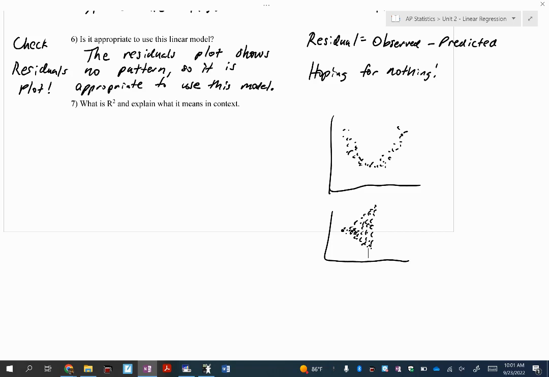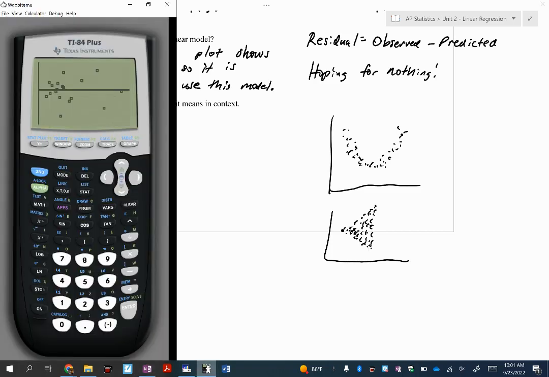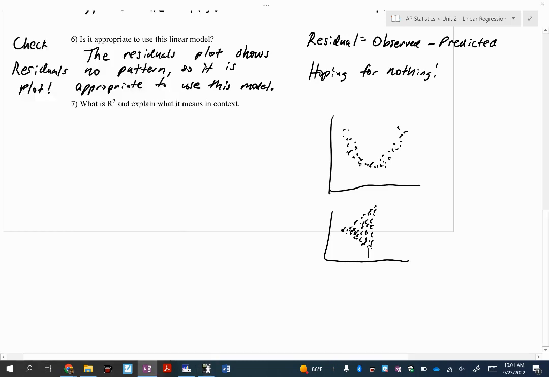But r squared, all right, you notice if you go back to your calc page for the linear regression, it was right here, right above r. And it says r squared is 0.482. So r squared. Now here's how you're going to be asked to describe r squared when you do this on the AP exam.